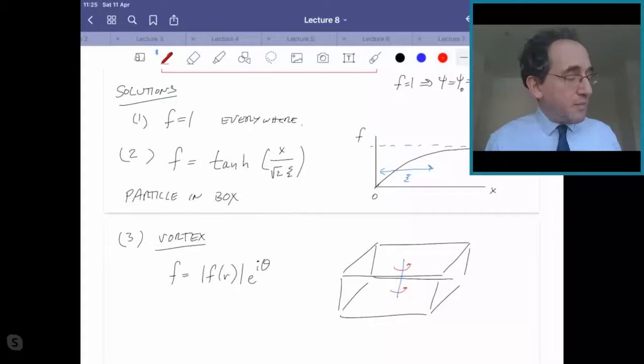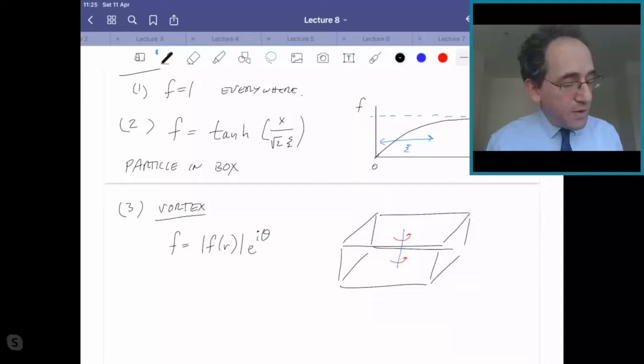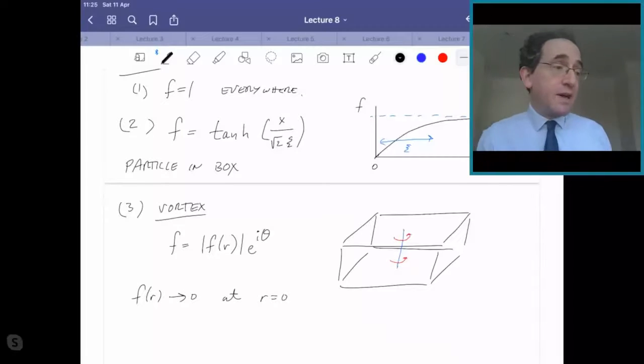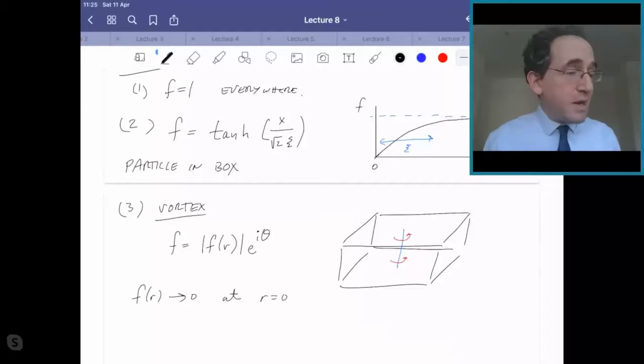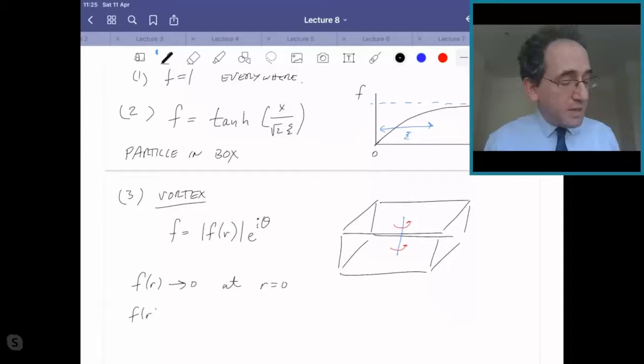Okay, now we know for sure that the magnitude of f of r must go to 0 at r equals 0 because the phase is not defined at r equals 0. So that will tell us something about the limits of this function. We also suspect that f of r will go to 1 at large r, should go to the uniform solution.